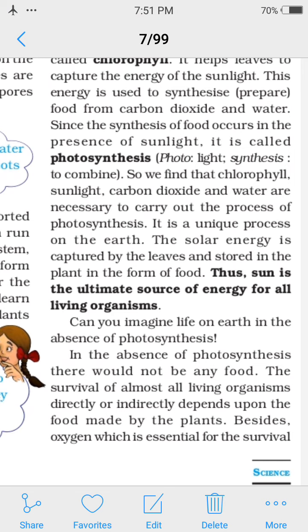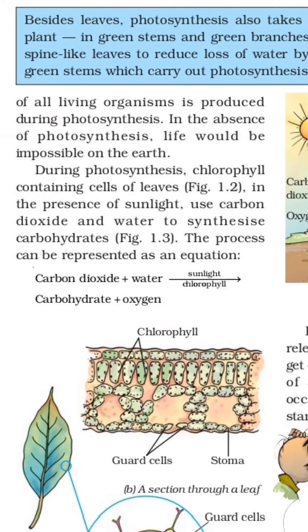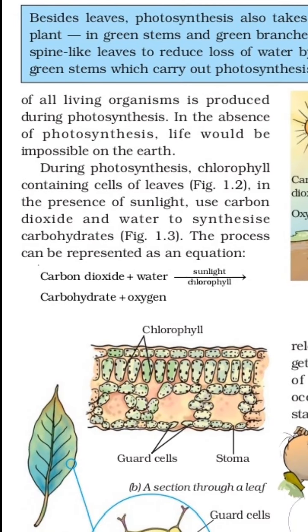Besides, oxygen, which is essential for the survival of all living organisms, is produced during photosynthesis. We are aware that when the photosynthesis process is going on, plants are using carbon dioxide and releasing oxygen into the atmosphere.